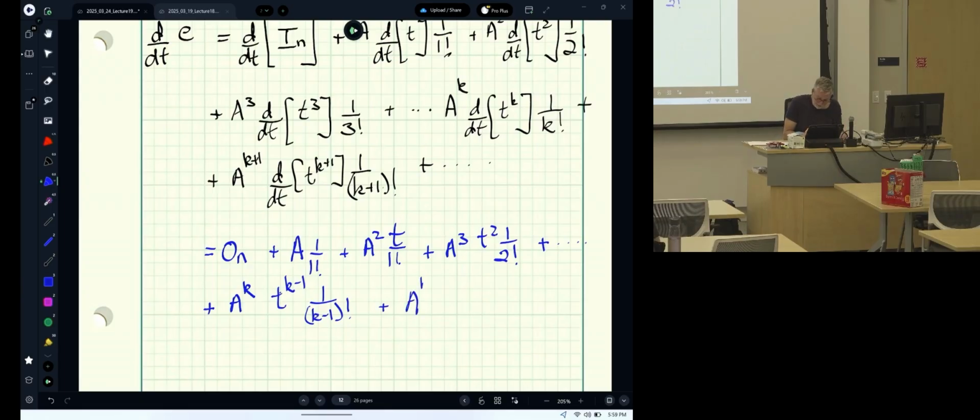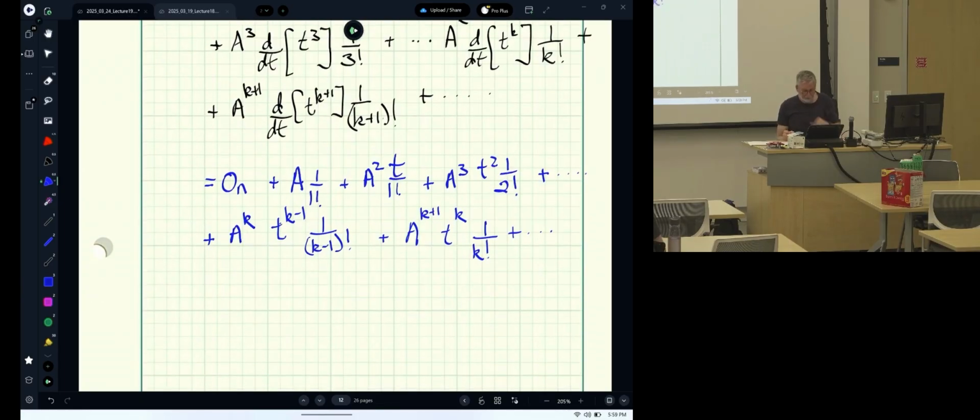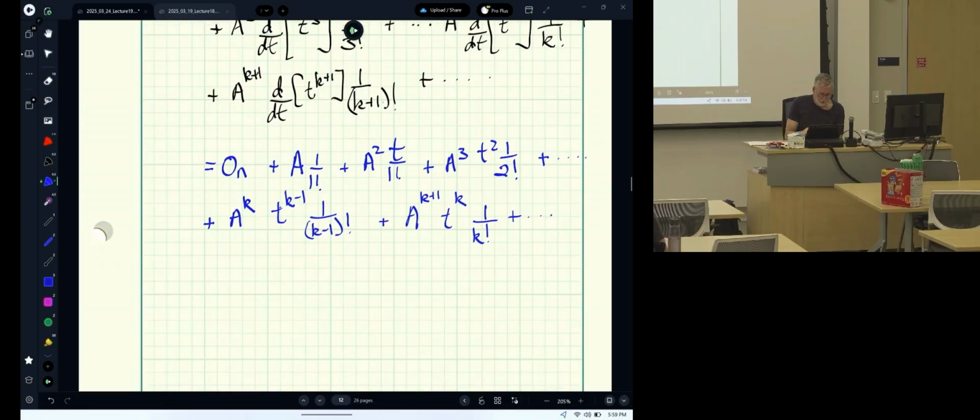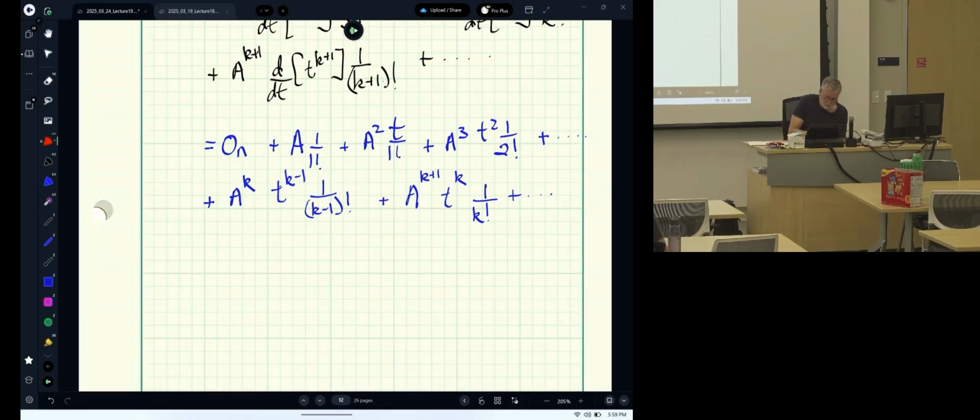So I've got my A to the k plus 1. I differentiate my monomial. The k plus 1 comes down, I'm left with t to the k. The k plus 1 into the k plus 1 factorial leaves me with k factorial. And then I've got dot, dot, dot. Okay, so this is 0. I can leave that out.